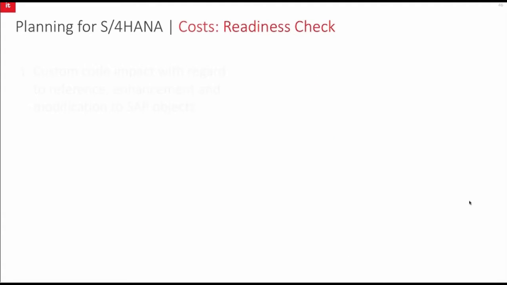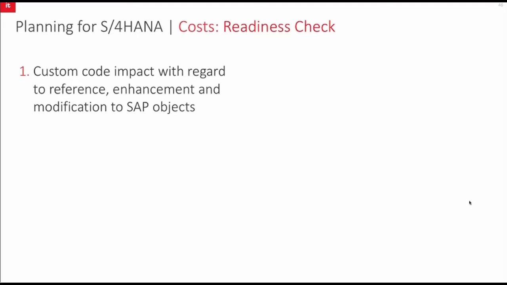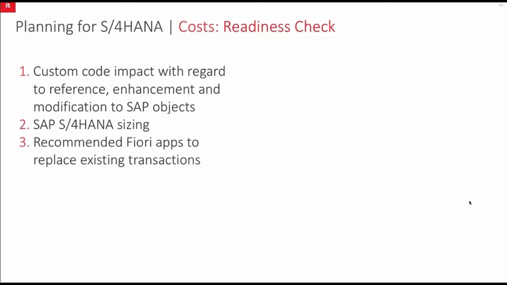So the readiness check. Custom code impact with regard to reference, enhancement and modification to SAP objects. So what will happen to your custom code when you upgrade to S4HANA? The sizing that we've talked about, and recommended Fiori apps that will replace your existing transactions.